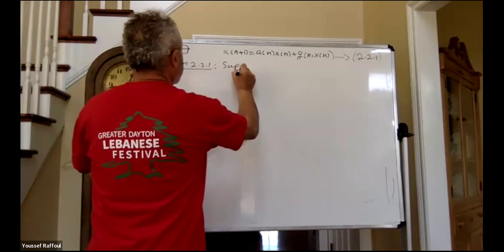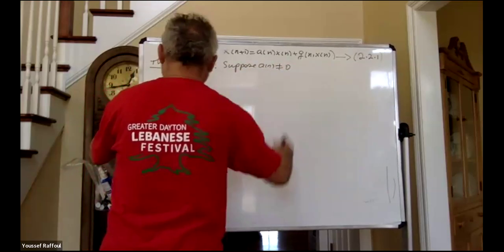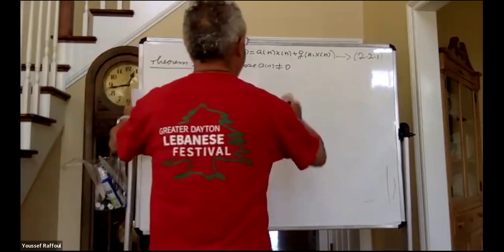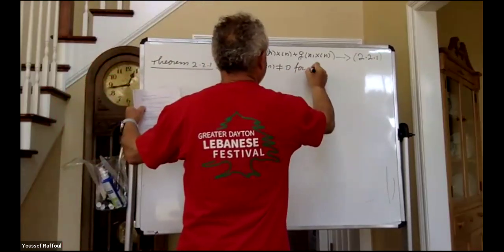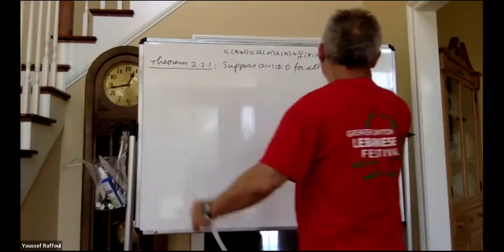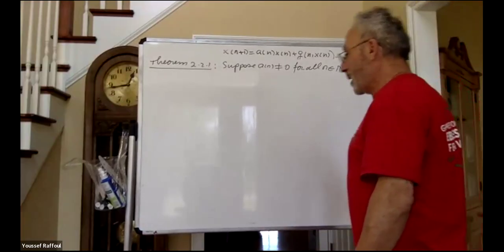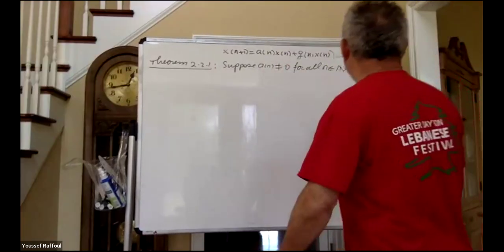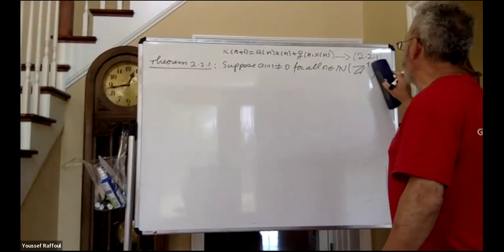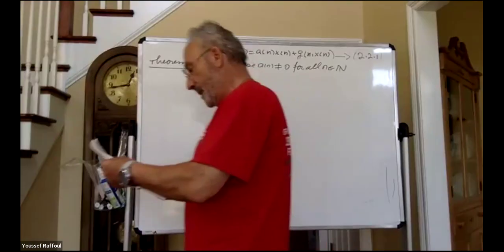Suppose a_n is never 0 for all n belonging to N. Sometimes we can go from minus infinity to infinity, so let's keep it to n natural numbers or positive. All right.